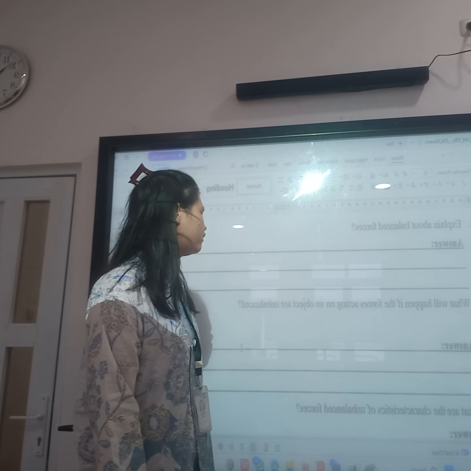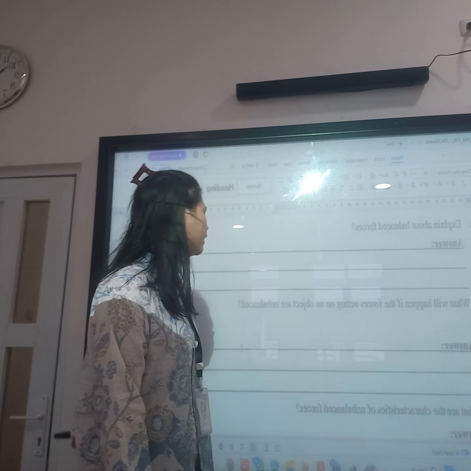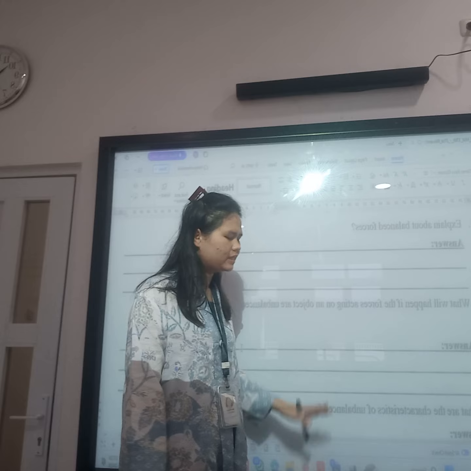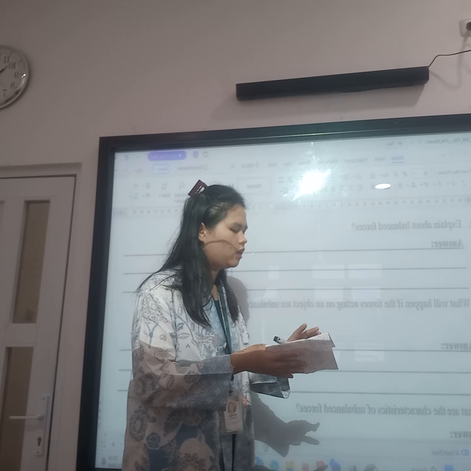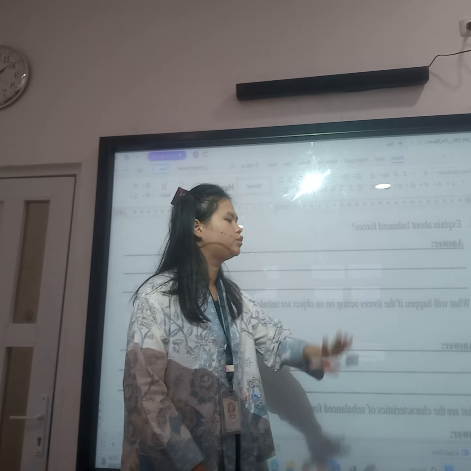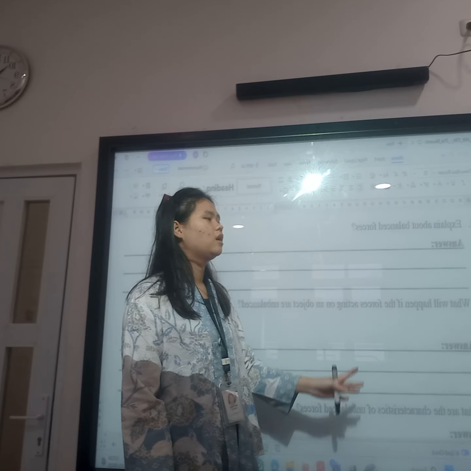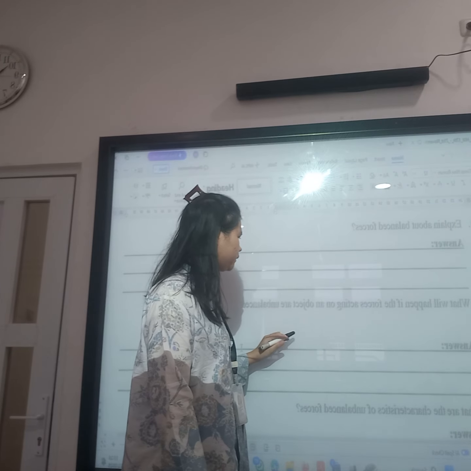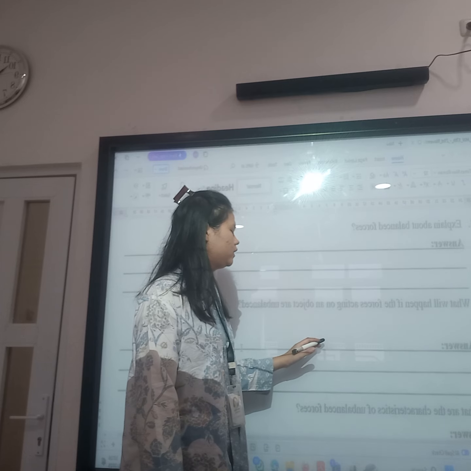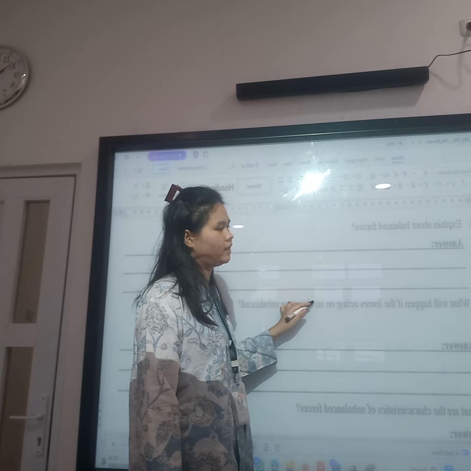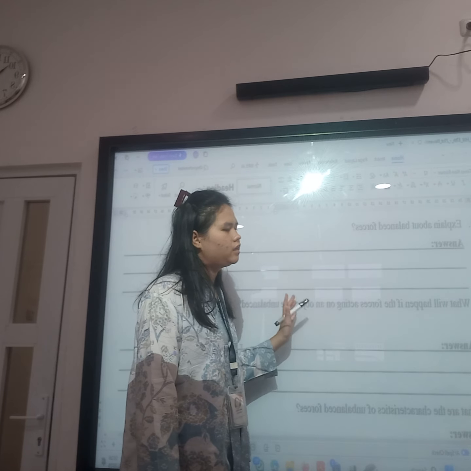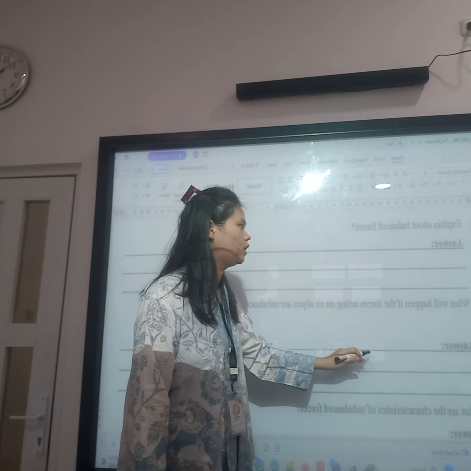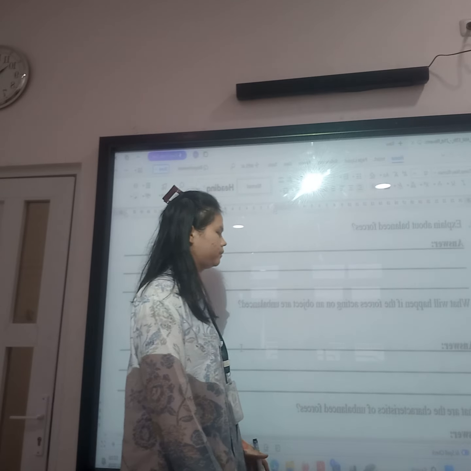What will happen if the forces acting on an object are unbalanced? If unbalanced, the object will go toward the larger force. For example, if the upthrust is larger than gravity, the object will go toward the upthrust force.